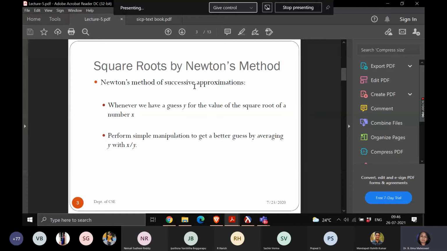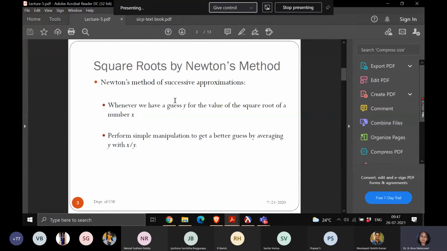Because it is a floating point, it may have some 100 digits after the decimal point, but through this method we will be restricting it. After the decimal point, we may have a few digits. That is called the approximation. So by Newton's method, we can only calculate the approximated value.